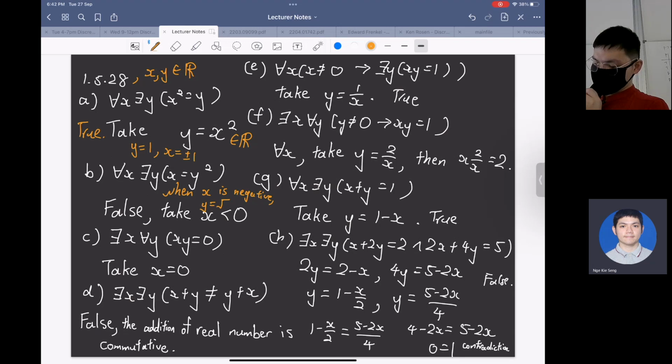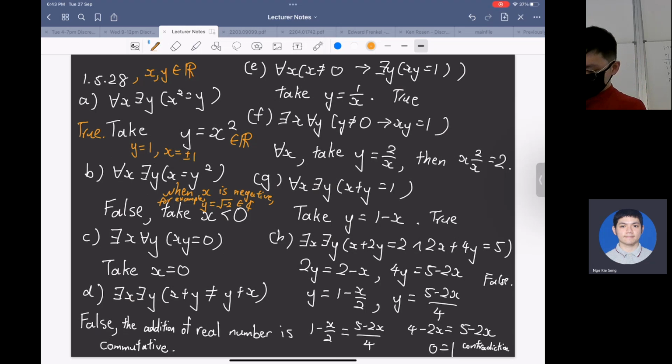So for example, X equals -2, and then Y would be a complex number, which is not in the reals. Okay.